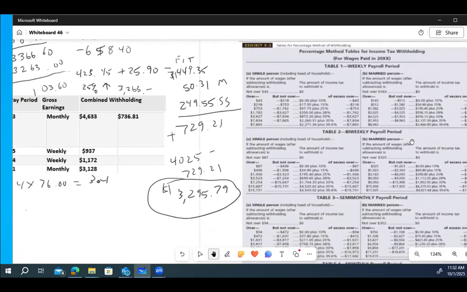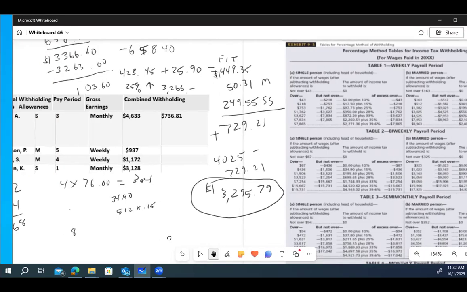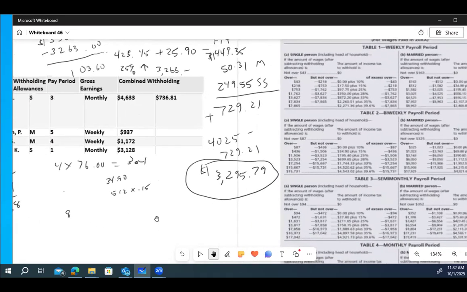So taxes are going to be 3490 plus everything above 512 is going to be subject to a 15% tax. So if we take the $868, that's her taxable income, but she doesn't have to pay taxes on the 512 because she already paid it here.